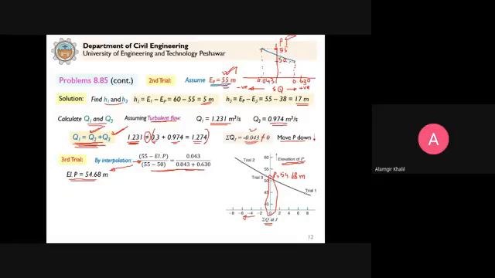At this value we have P. At this point P, the summation of Q is 0. You can see here we have summation of Q equal to 0. This we would like to find because it will satisfy the continuity equation.